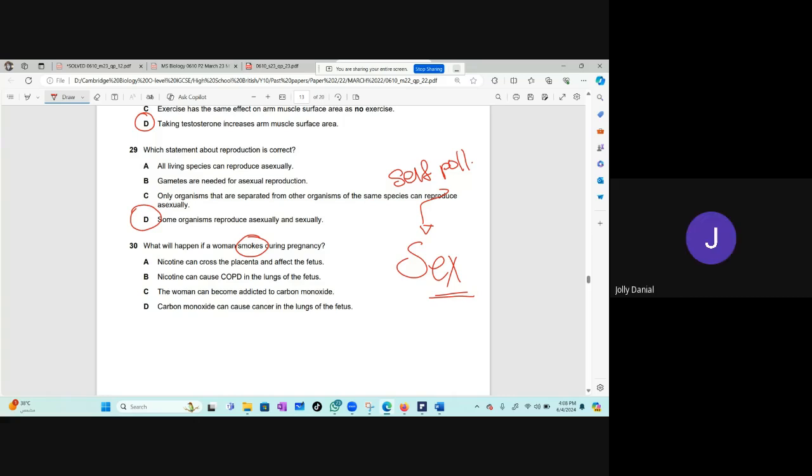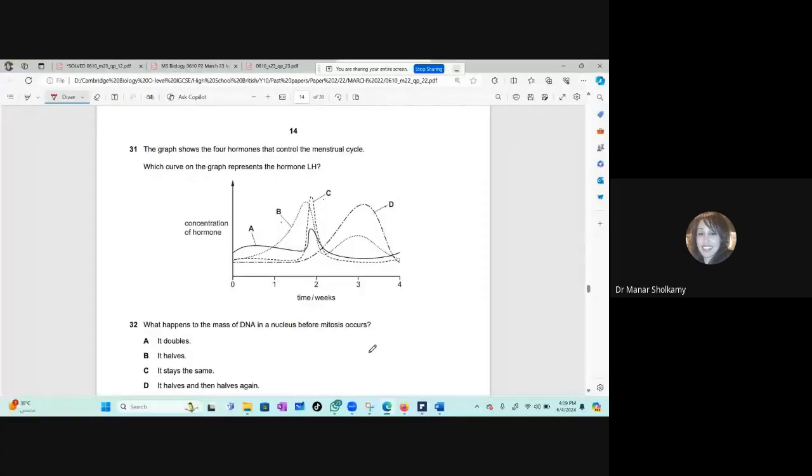Can you see the screen? Okay, one minute. Can you see the screen now? Yes. Now, which hormone is the luteinizing hormone? A, B, C, or D?